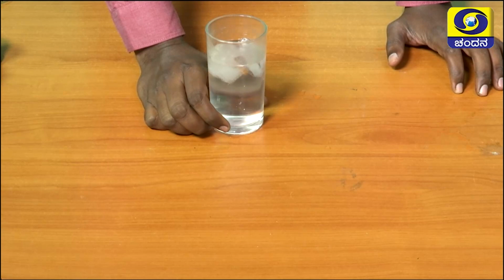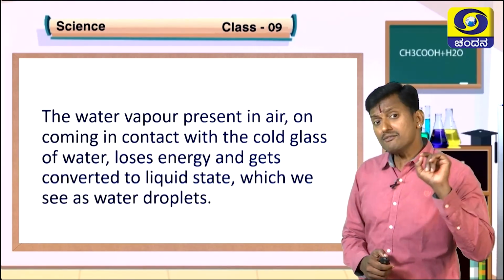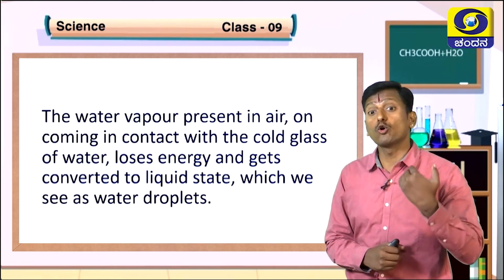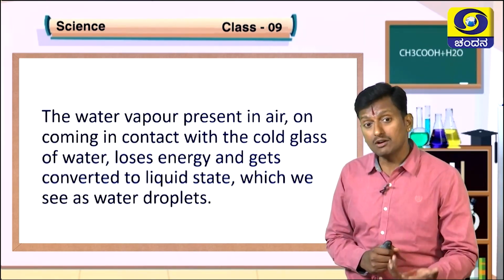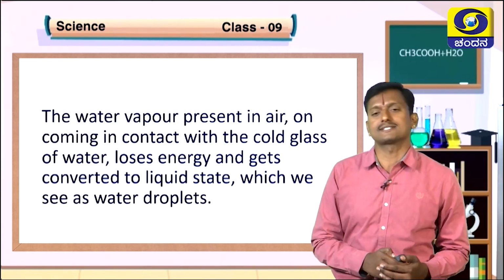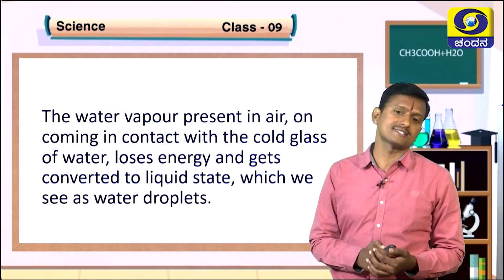If you are sitting by a window side, you can see the water droplets on the windows. The water vapor present in air on coming in contact with the cold glass of water loses energy and gets converted into liquid state, which you see as water droplets. That is why you see the water droplets on the outside of the glass tumbler.